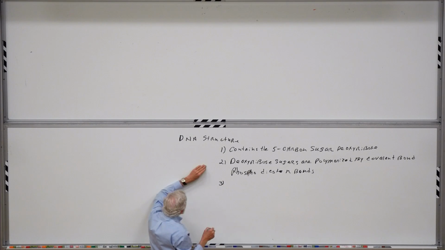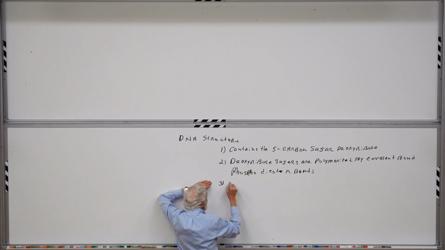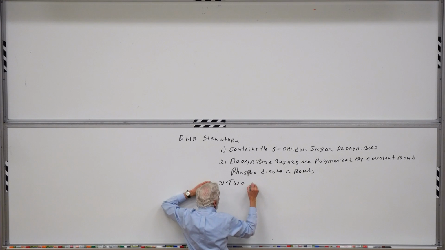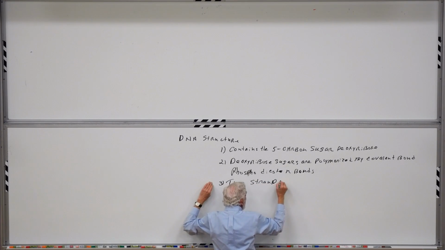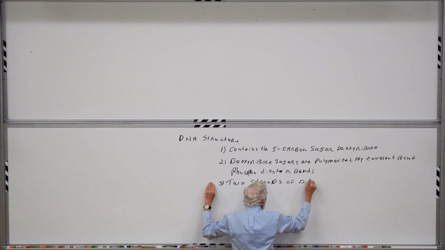The third major point of the DNA structure is that it's composed of 2 strands of DNA.